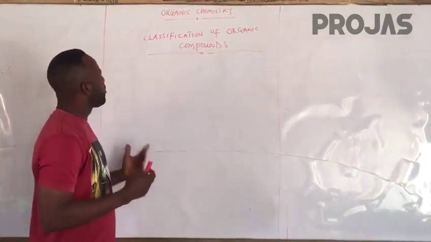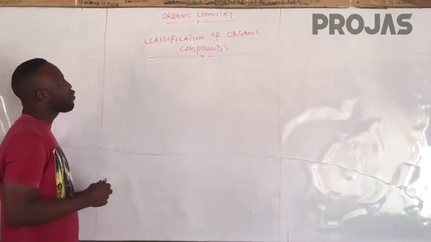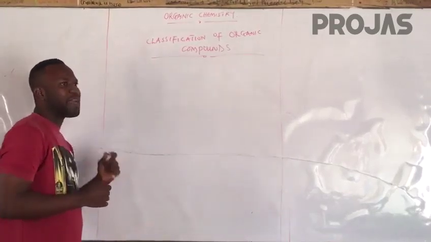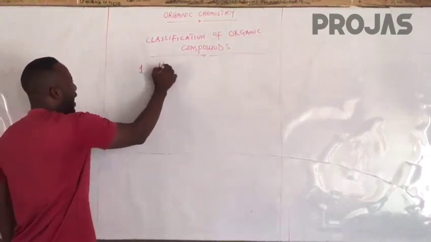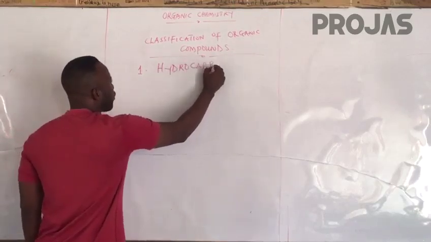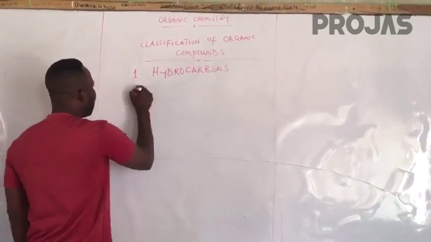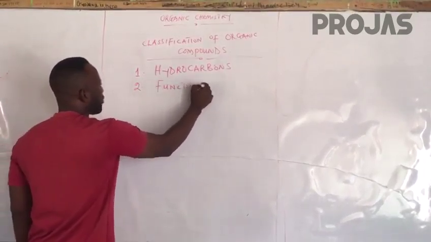The International Union of Pure and Applied Chemistry came together to classify them into 2 types: number 1, hydrocarbons, and number 2, functional groups.